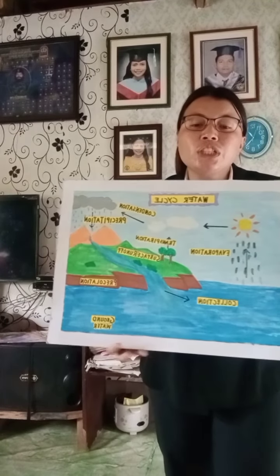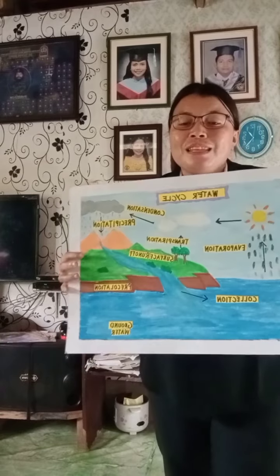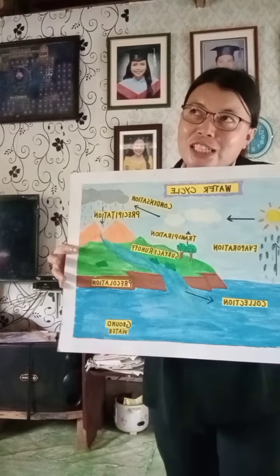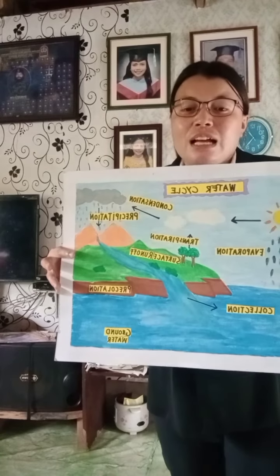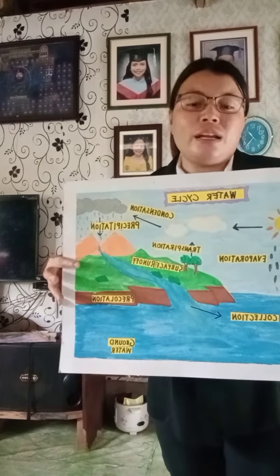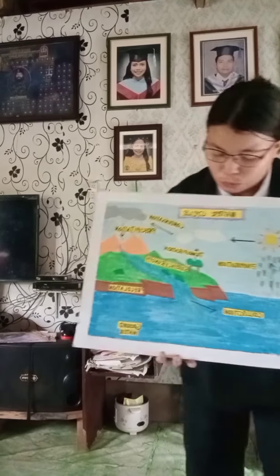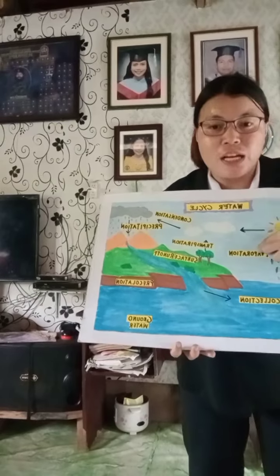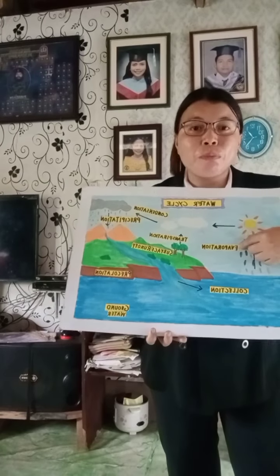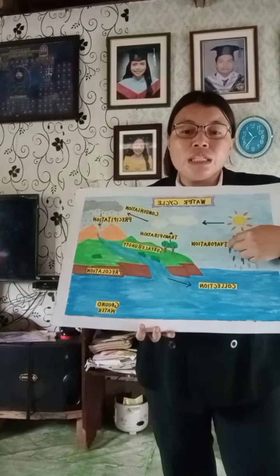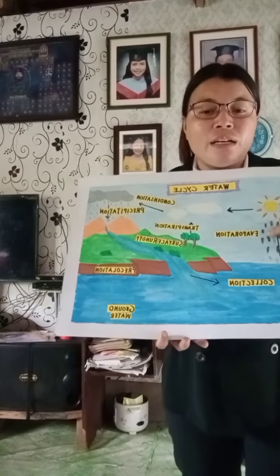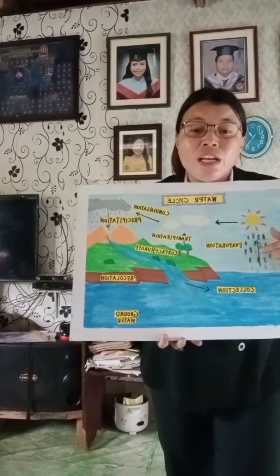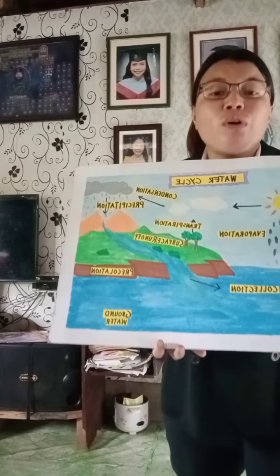Some of the water in the oceans and the freshwater bodies such as lakes and rivers is warmed by the sun and evaporates. So this is it, class: the water from collection evaporates. During the process of evaporation, impurities in the water are left behind. As a result, the water that goes into the atmosphere is cleaner than it was on earth.